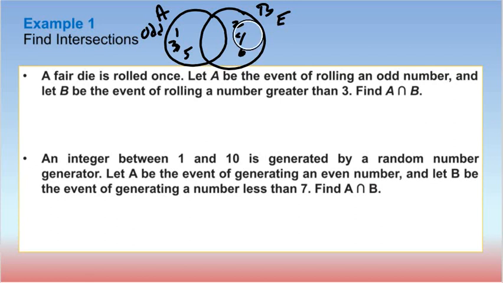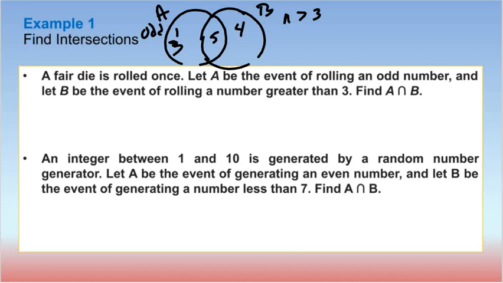Actually, I listed the B wrong. B is a number greater than 3. So if B is a number greater than 3, that would be 4, 5, and 6.